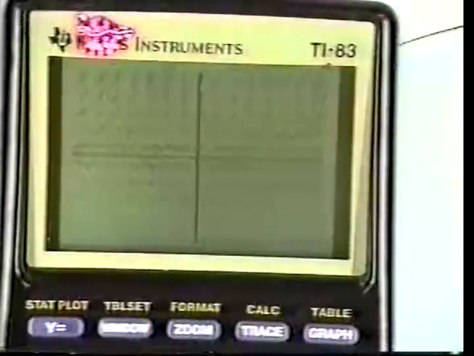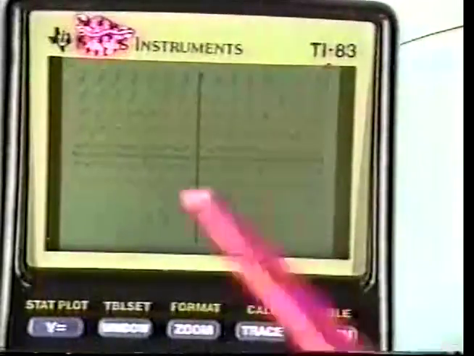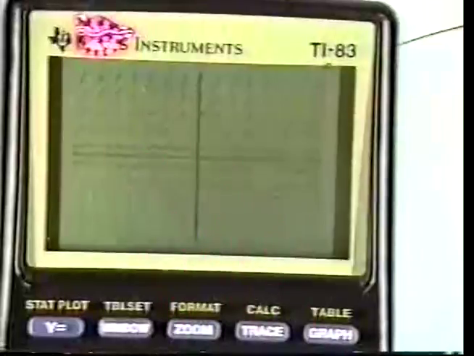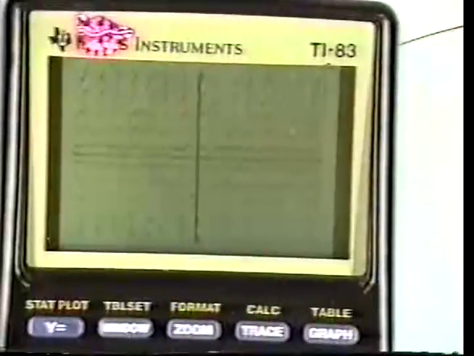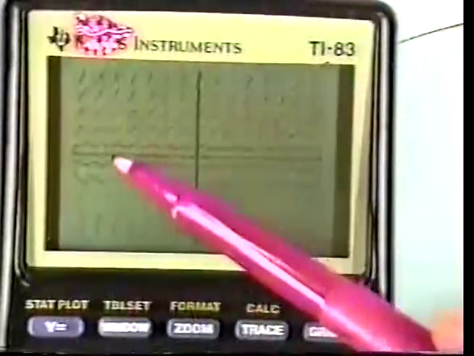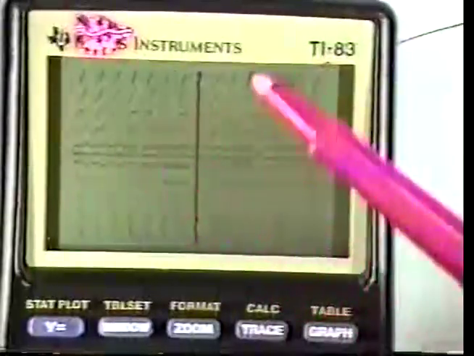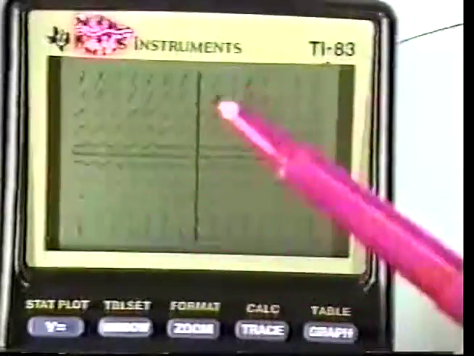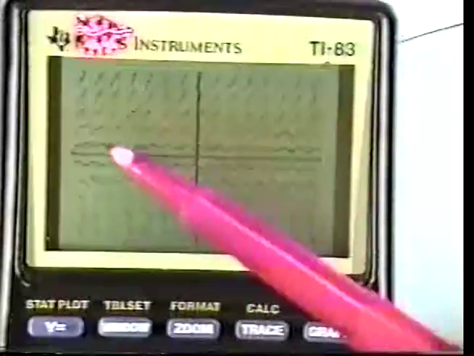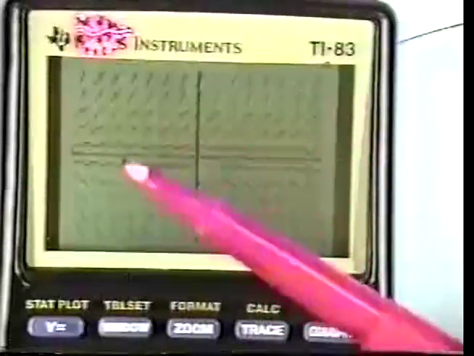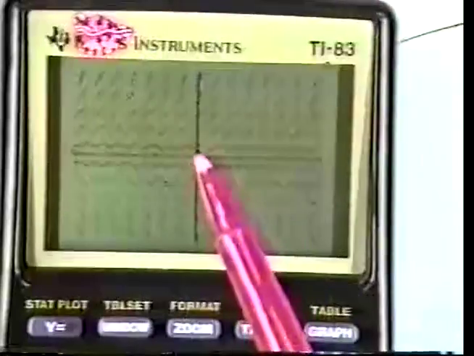It's a zoom-in picture of the first one. It's a little bit clearer what's happening to the curves when you zoom in. You can see a much better pattern, a much better path to follow here.